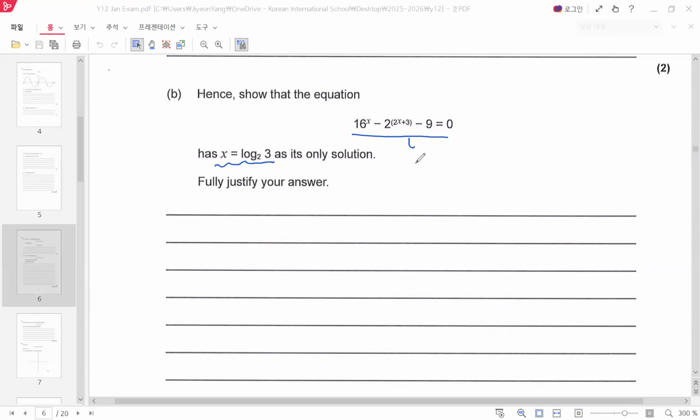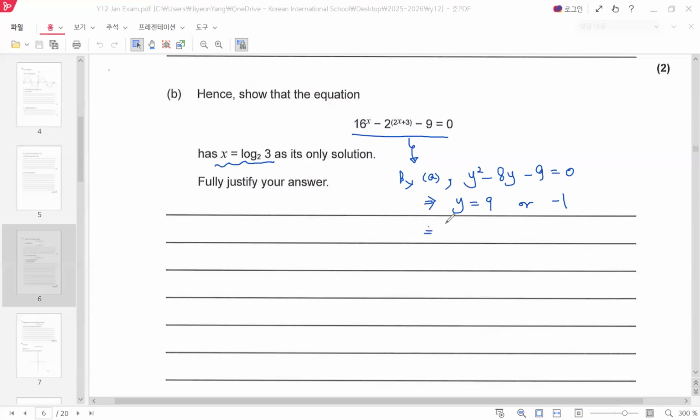So by using A, it can be converted to y squared minus 8y minus 9 equals 0. And then by using your calculator, you can solve this quadratic equation easily, which gives y is 9 or negative 1.